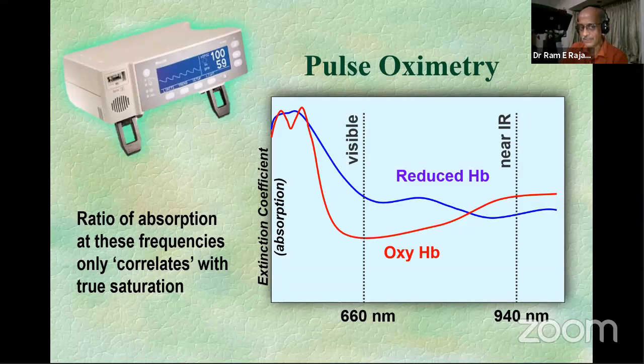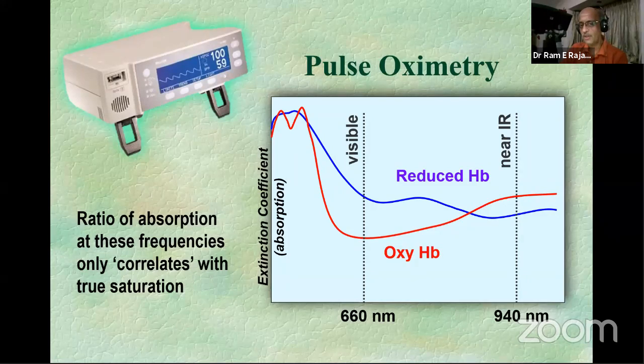The fact of the matter is there are a lot of factors that interfere with the measurement, particularly creating a lot of refraction of the light. And it is very unlikely that you can get a true absorption frequency that can give you an estimation of what is happening in these RBCs.